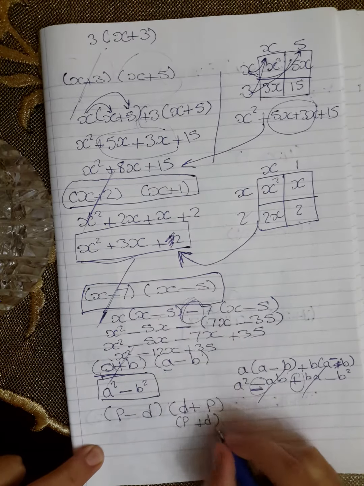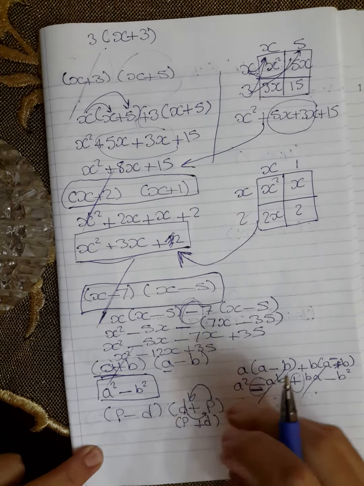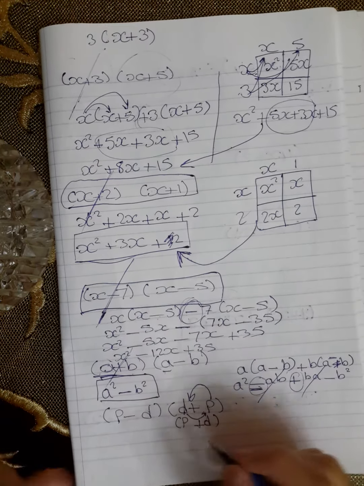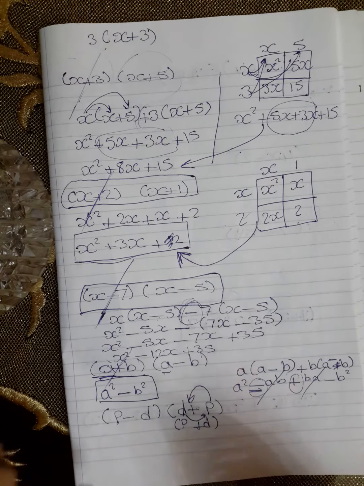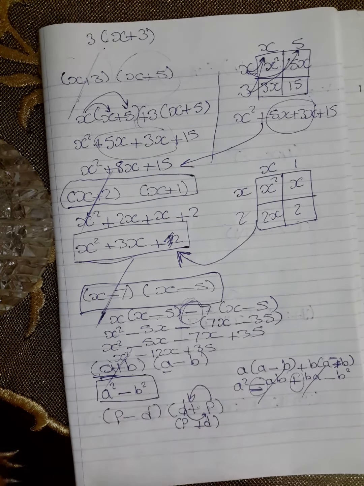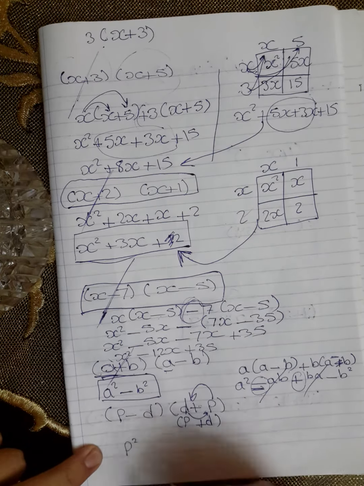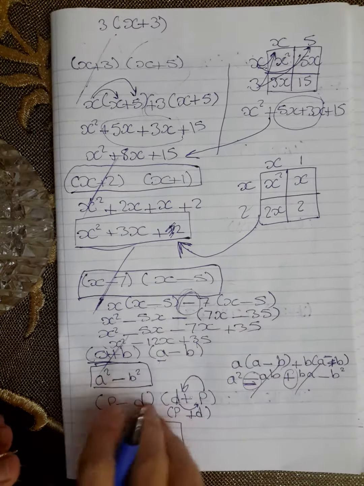What did I do here? I switched places just like that. I brought the p here and the d here. So check this out. Oh, it's a perfect square form. So fast and easily we will say that is p squared minus d squared without breaking the bracket and doing anything.